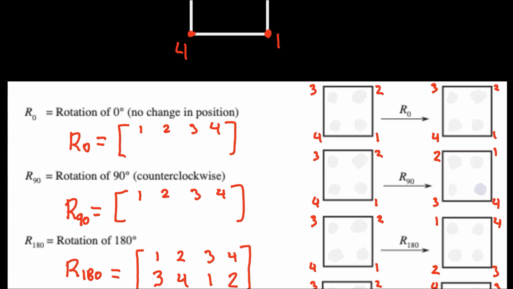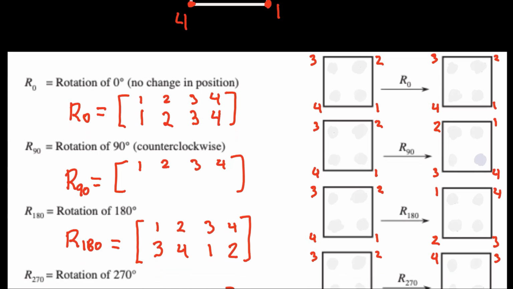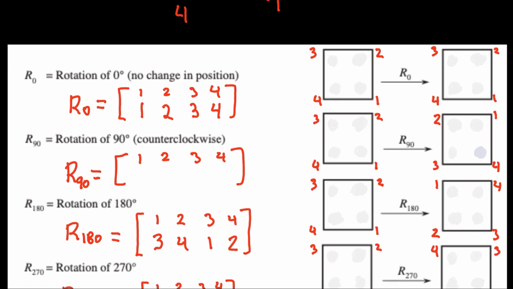That will be the identity. So I can represent that with a permutation, which is basically the identity. So we are trying to represent every symmetry of the square as a permutation of 4 elements by labeling the square like this.